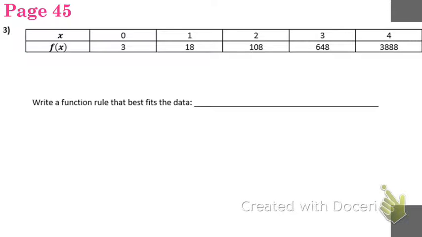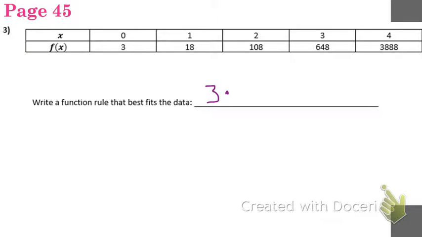So what's the first thing we should look for? The starting point, right? When x equals 0. So x equals 0 right there, and our function is 3. So 3 will be our starting point.